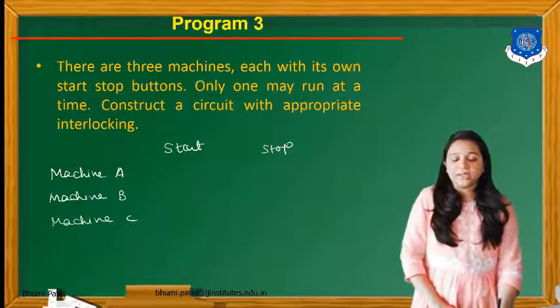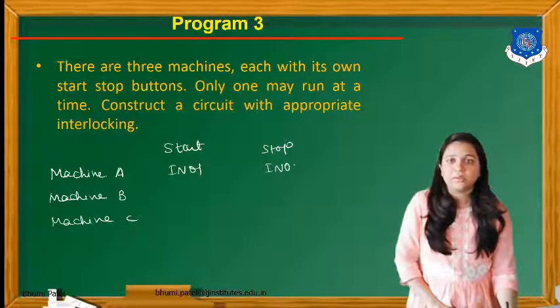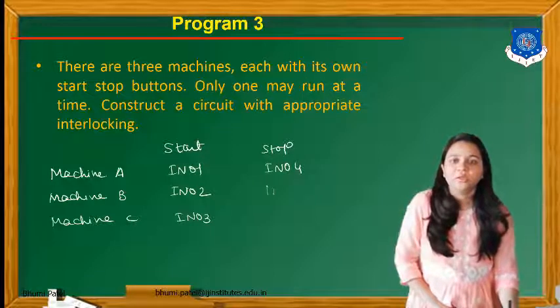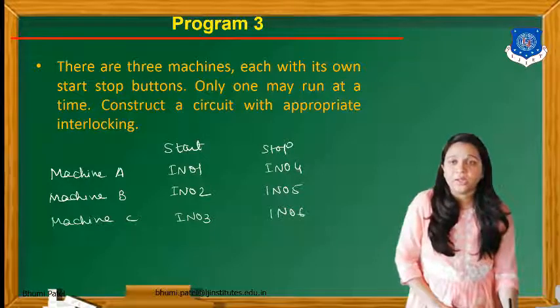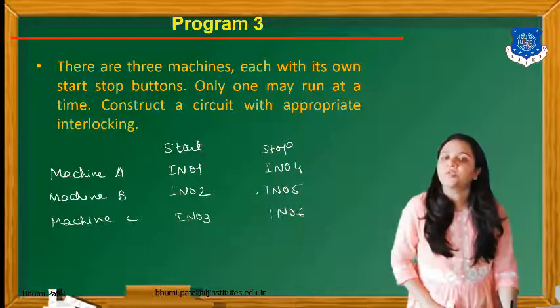So machine A has the start button, suppose IN01, and the stop button is IN04. Machine 2 has the start button IN02 and machine 3 has start button IN06. For the stop we can put here IN05 and IN06. So this is the individual start and stop button for the three different machines.